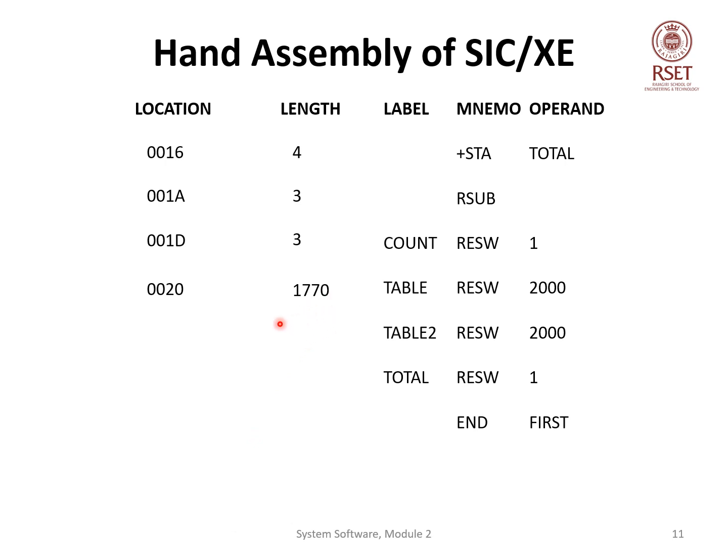Now adding 1770 to 0020, we get the next address as 1790. Again, TABLE2 RESW 2000, it is 6000 bytes in decimal, but in hex it is 1770. So adding the location counter and length, we get the next address as 2F00. Now TOTAL RESW 1 will reserve 1 word, and that is 3 bytes. So it makes the last address as 2F03.